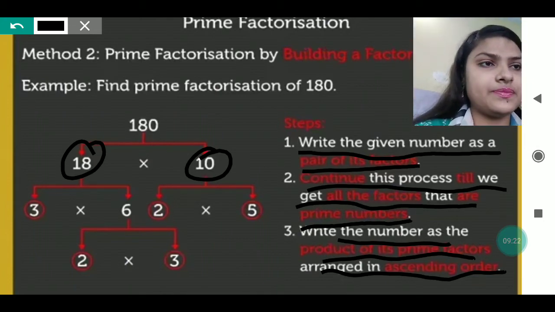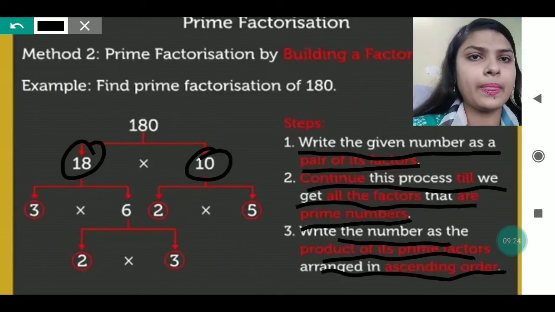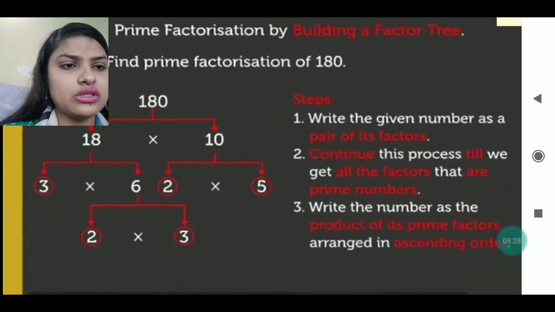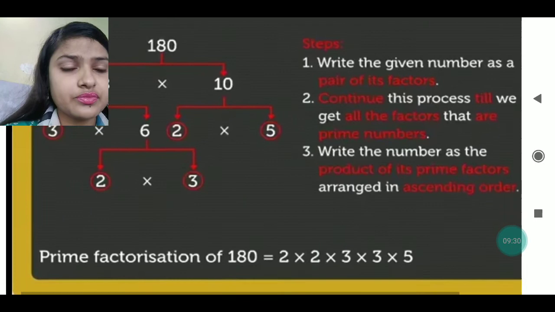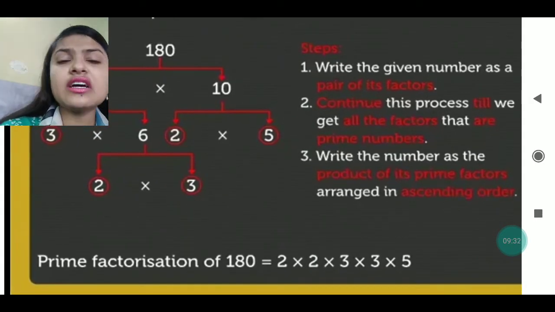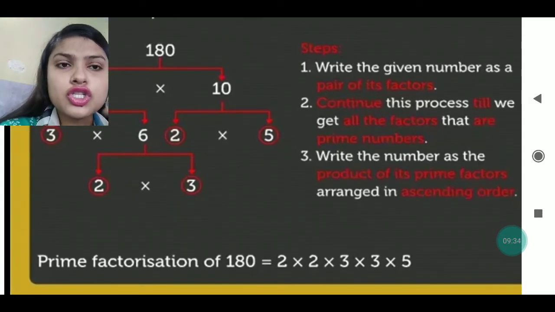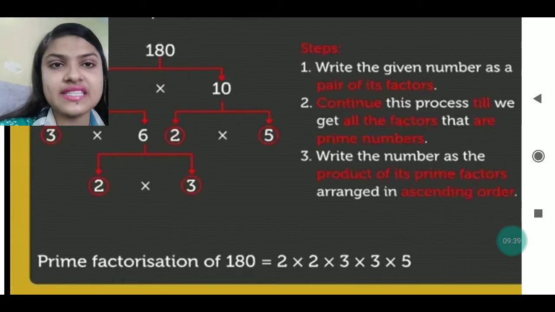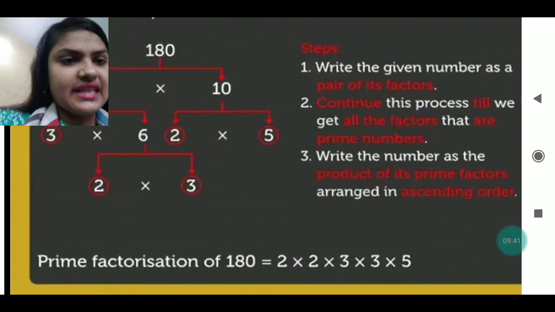After writing this, what will we do, just see. We will write all the prime factors. Why have we broken the 6?